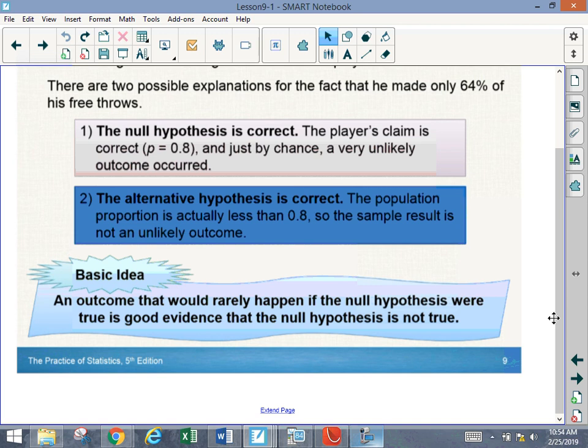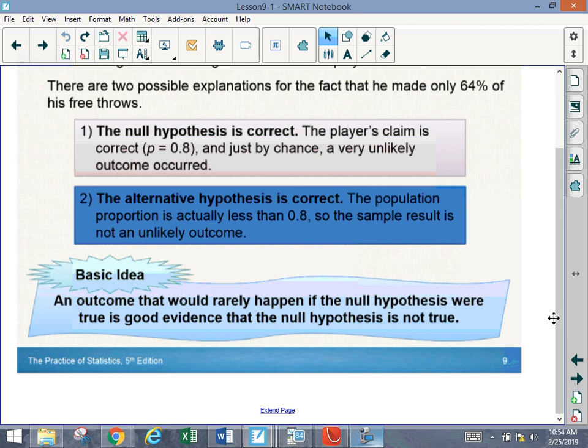There are two different possibilities or outcomes when we make a hypothesis: either the null hypothesis is correct, or the alternative hypothesis is correct. And the way that we say that in statistics is we either accept or reject the null hypothesis.